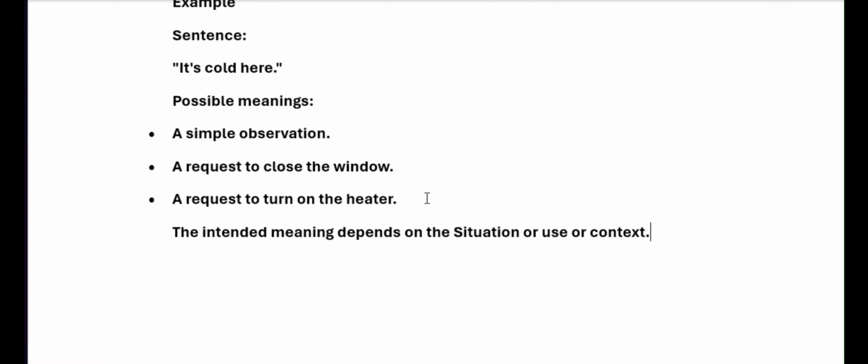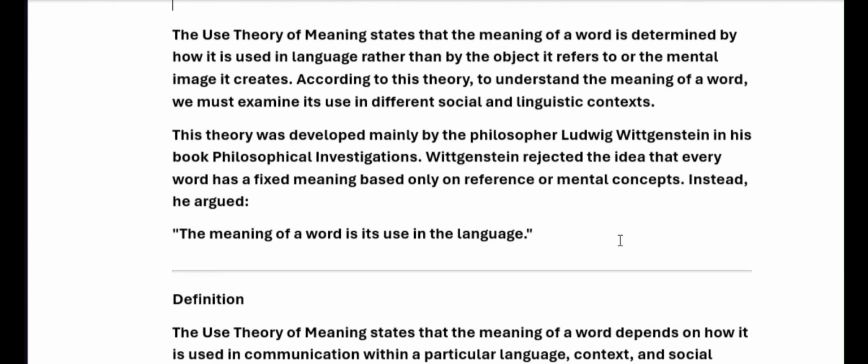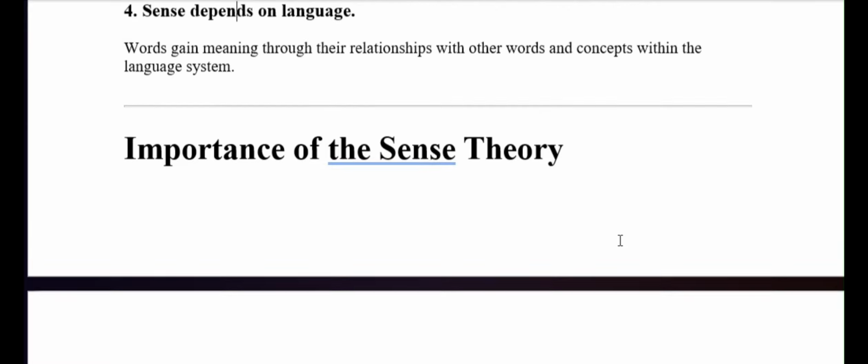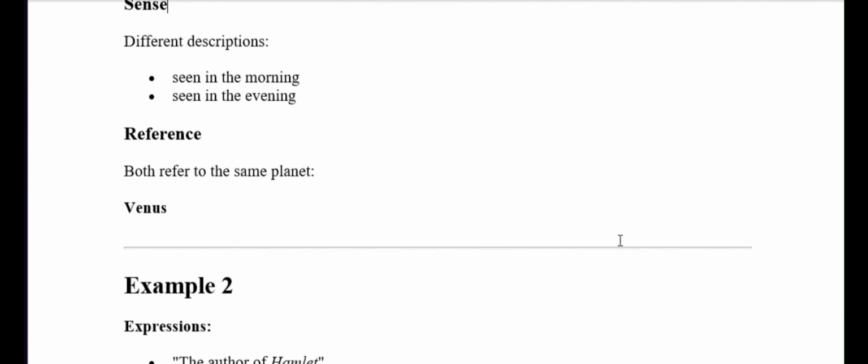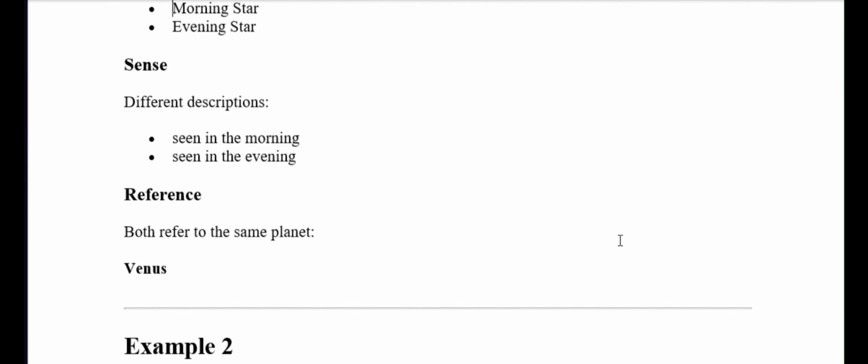So these were the theories of meaning. We understood the denotational theory of meaning, which refers to a direct relationship between the object and the word that is representing the object. We took the example of tree. Then the other is the mentalist theory of meaning.